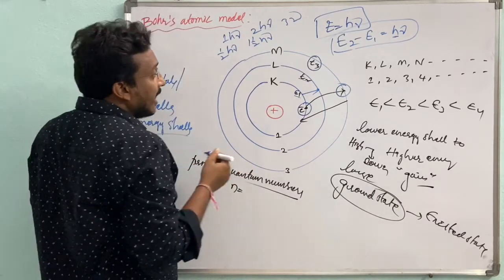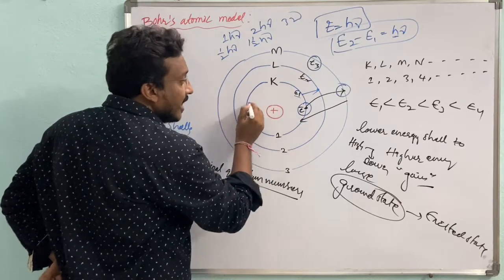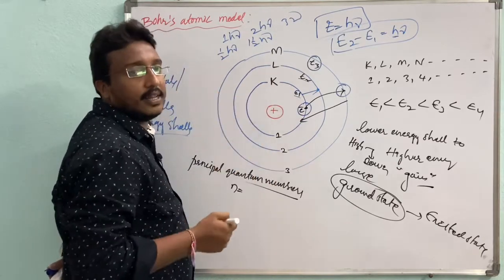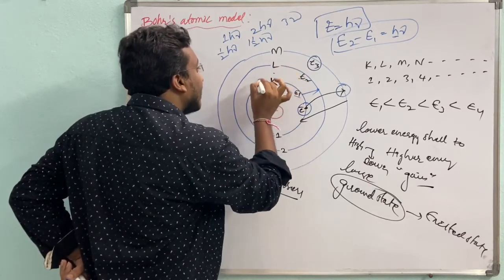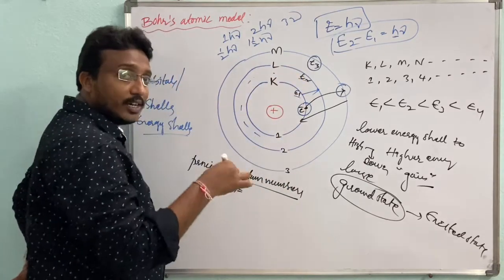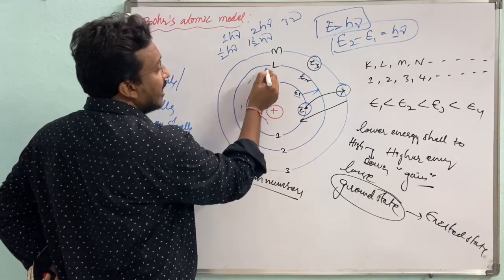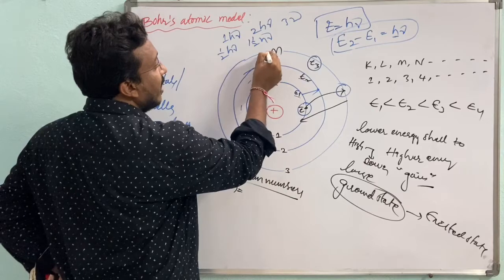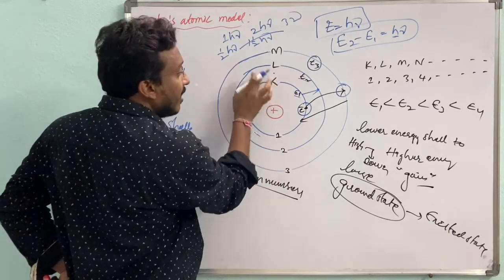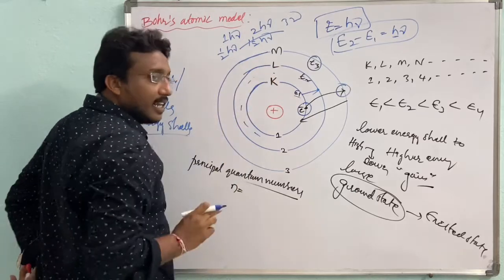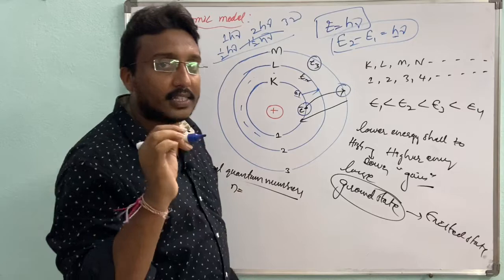That means electrons always revolve in these shells, in discrete paths. The electron will not revolve in between the K shell and L shell. According to Bohr's atomic model, the electron revolves either in the K shell, L shell, M shell, or N shell, but not between K and L or L and M, because of quantization.